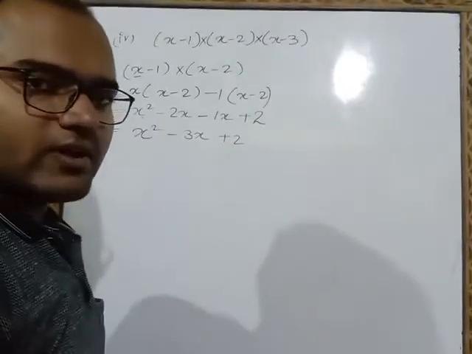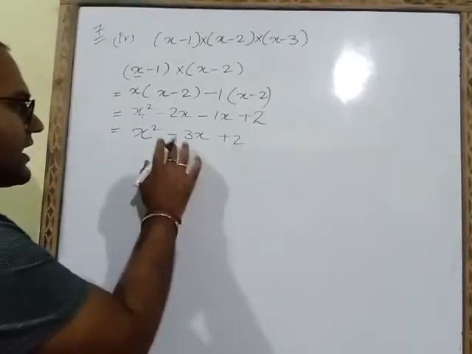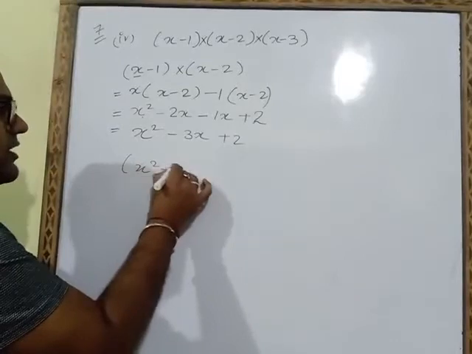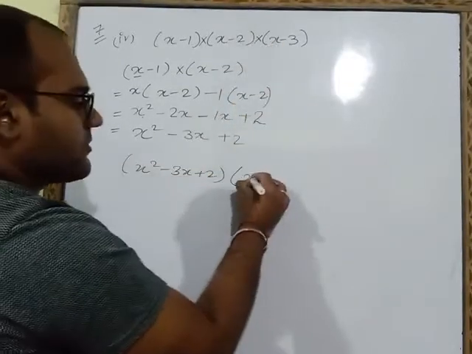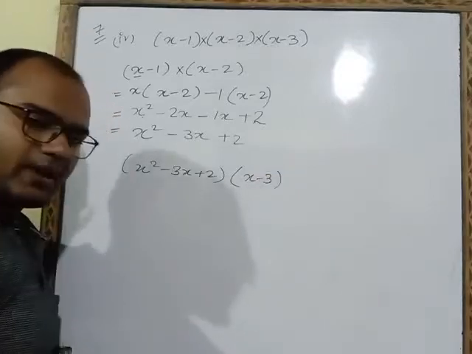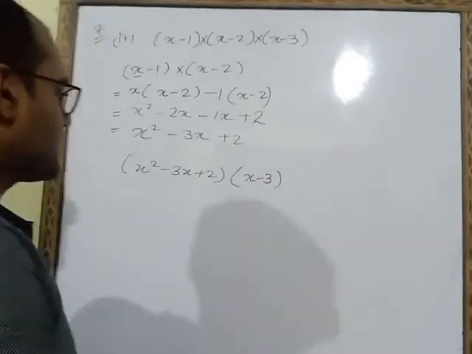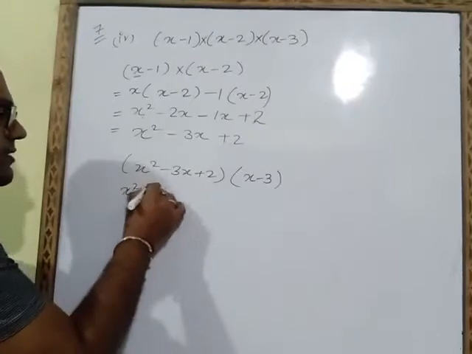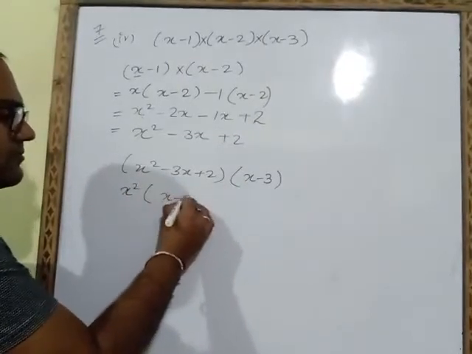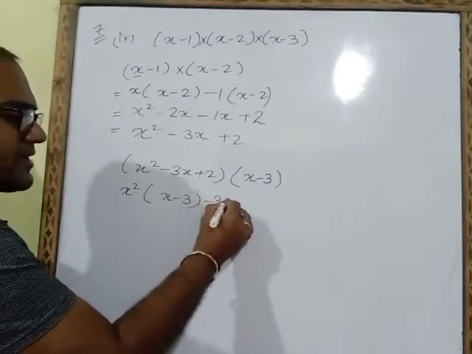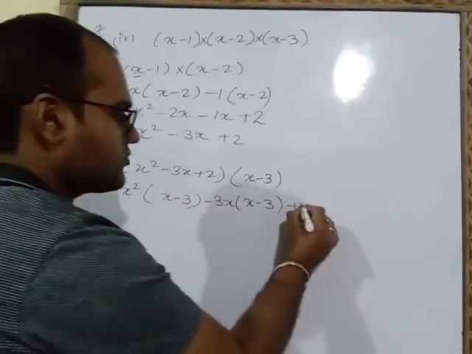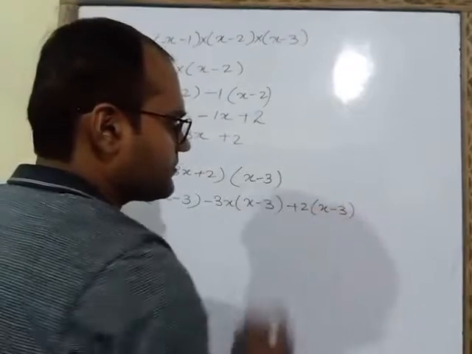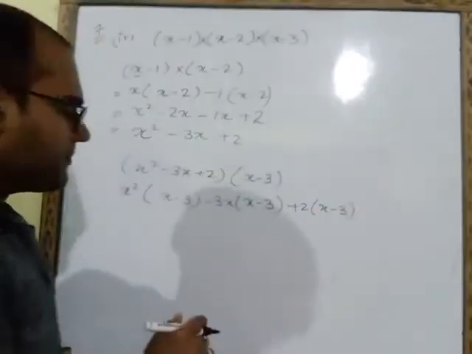Now 2 brackets we have to solve. Now this answer we have to multiply with third bracket, which is remaining one. So same method we will apply, horizontal method. First term multiply with full bracket. Second term minus 3x multiply with full bracket. Third term is plus 2 multiply with full bracket. Now we will open the bracket.